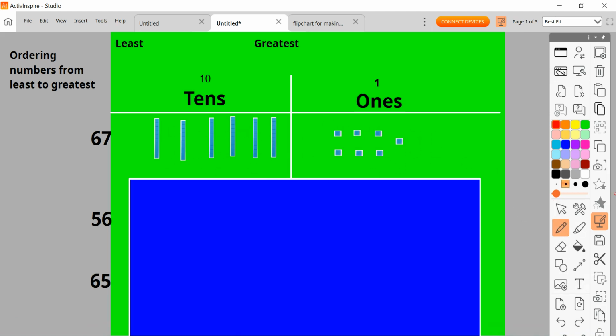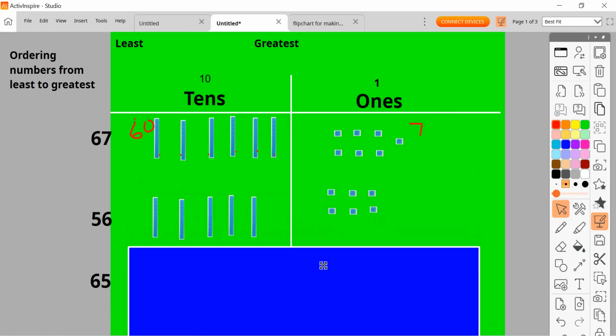Each 10 is worth 10, so we count by tens: 10, 20, 30, 40, 50, 60. We have a value of 60 for our 6 tens, and then 7 ones, which has a value of 7. 60 plus 7 gives us 67, which is the number we started with.